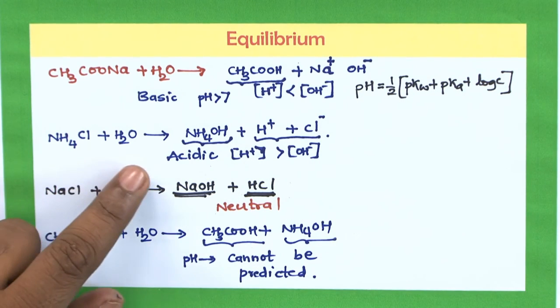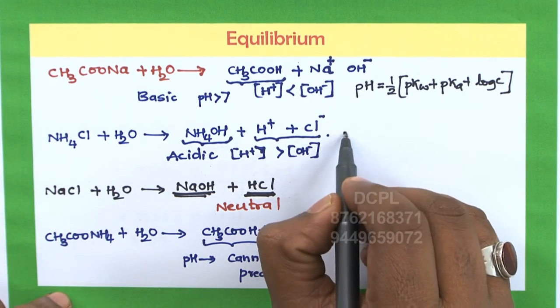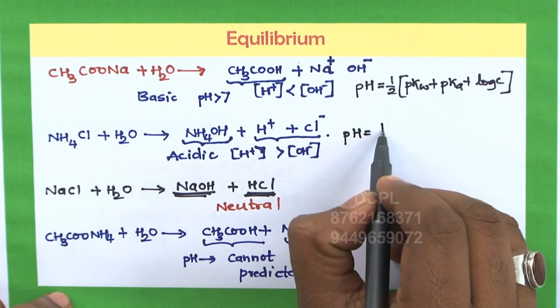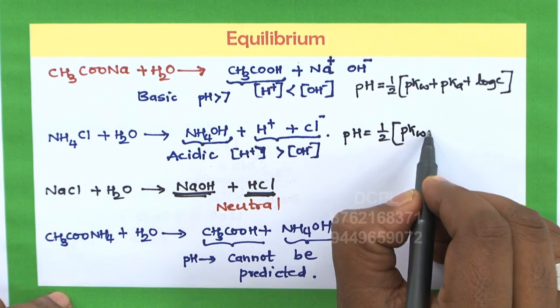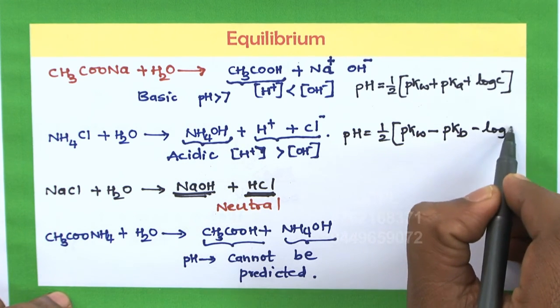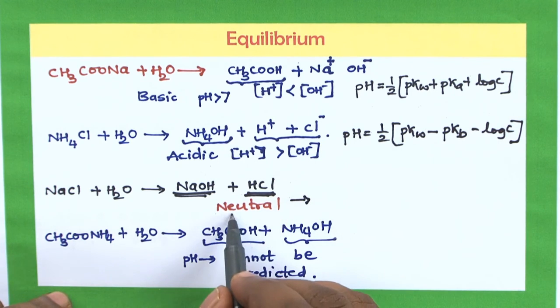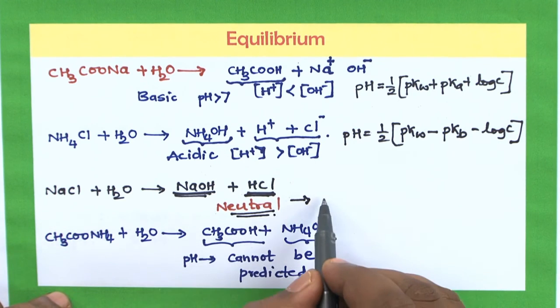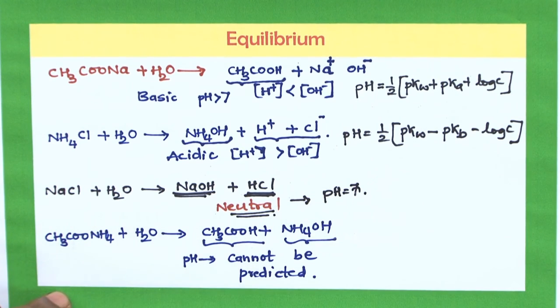For a salt of a weak base and a strong acid, pH can be calculated as pH equals half of pKw minus pKb minus log C. For a salt of a strong acid and a strong base, it will be neutral, and at 25 degrees Celsius the pH of the aqueous solution of such salts will be equal to 7.